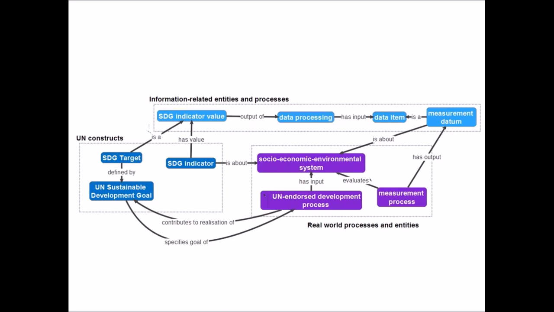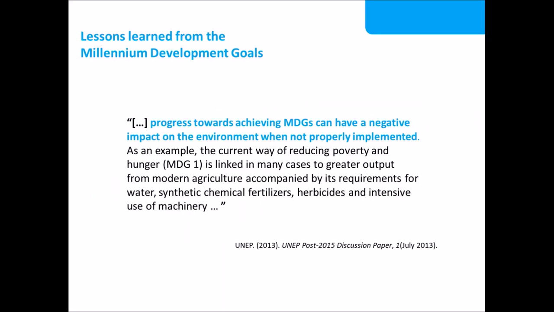So again, that's knowledge about the data. And then there are what we call UN constructs as a shorthand. But again, the things like the targets, the goals, and the indicators, which are very specific to the SDG process, which again have to be defined, mapped out, and their relation to things like the data and things like the real-world entities has to be clarified.